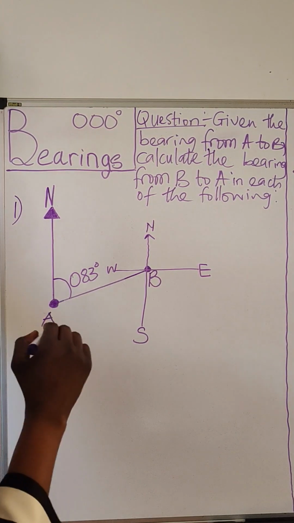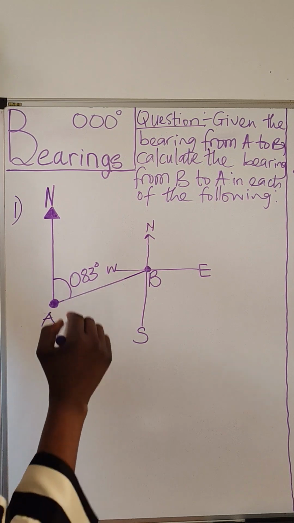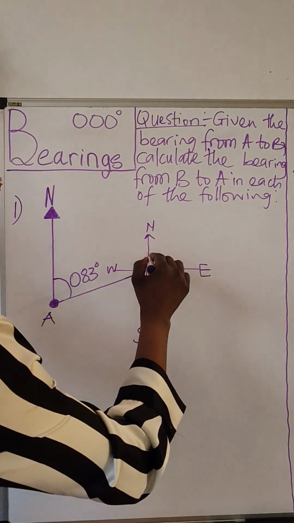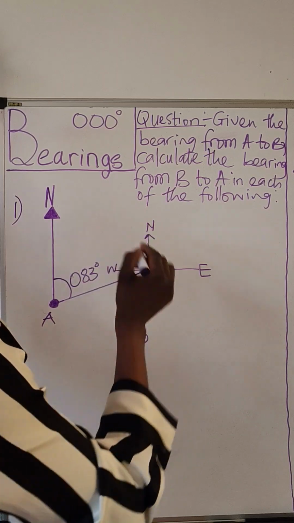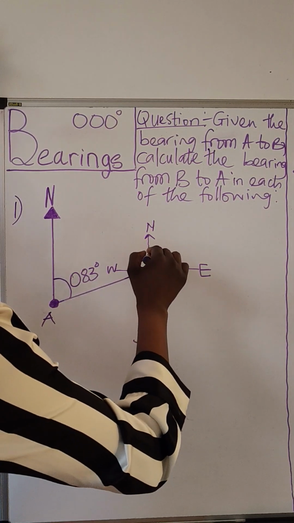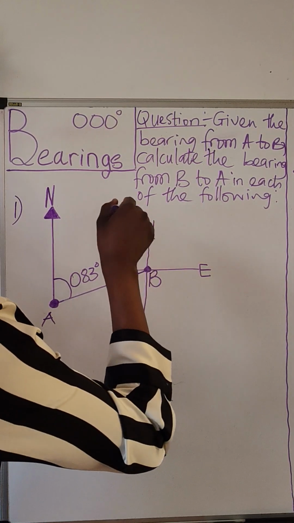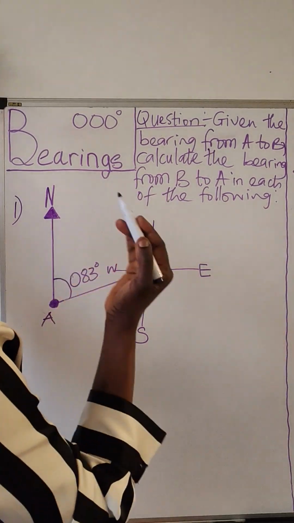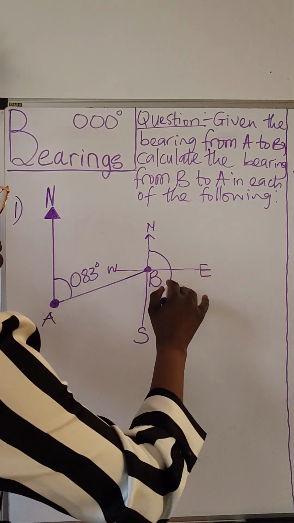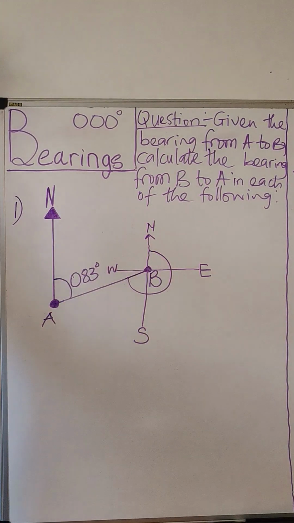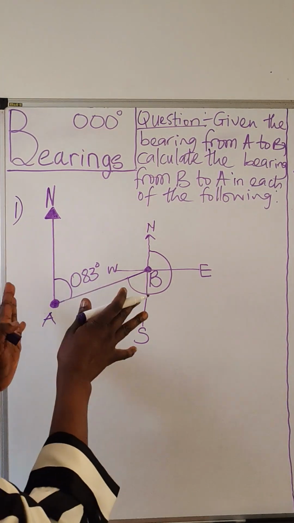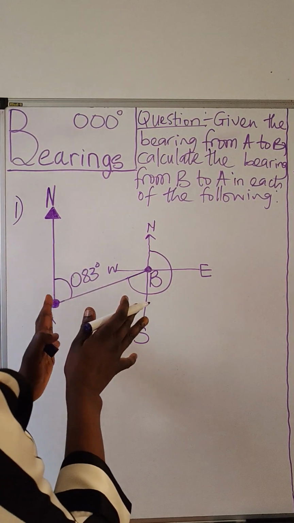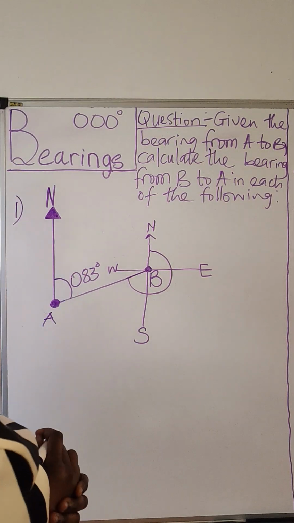What we are asked to calculate is the bearing from B, this is point B, to A. We're going to move from north in a clockwise direction, so it will come this way to A. This can be done in two ways.